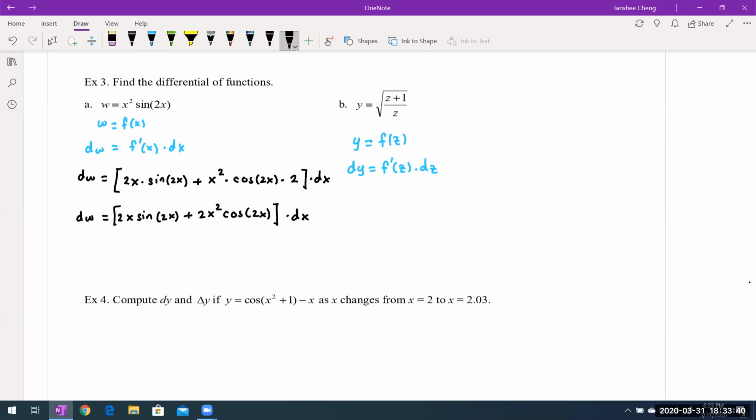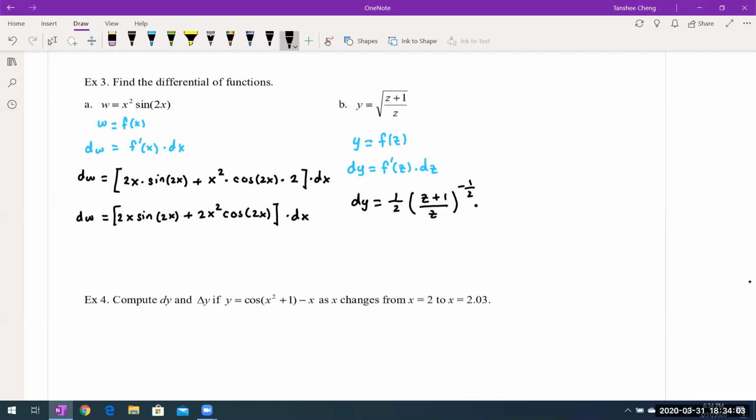So now, taking derivatives, the differential of y will be equal to the derivative of the f function, which is this part right here. Using the chain rule, bring down 1/2 times (z plus 1 over z) to the negative 1/2.